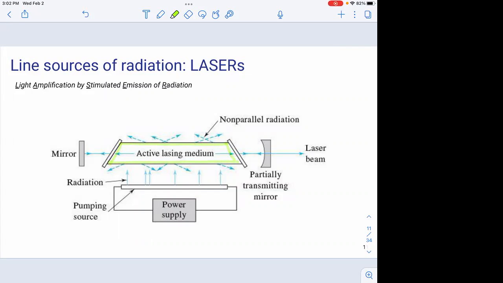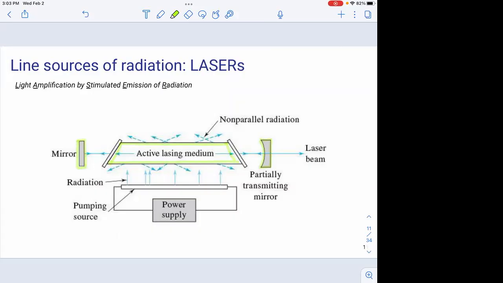So notice that on either end of this sort of column, I have two mirrors. And so basically what I'm going to get when I have an operational laser is a self-propagating wave of coherent photons that are bouncing back and forth between these two mirrors.